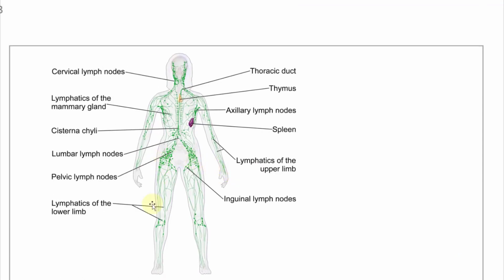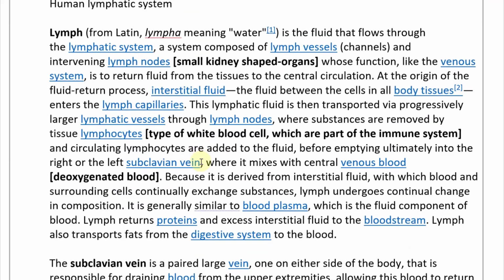So you have a bunch of nodes here, and it goes over here, then it redirects all the way back to the heart and blood vessels. At the origin of the fluid return process, interstitial fluid, which is the fluid between cells and all body tissues, enters lymph capillaries.